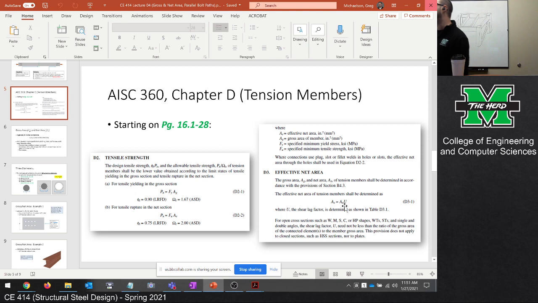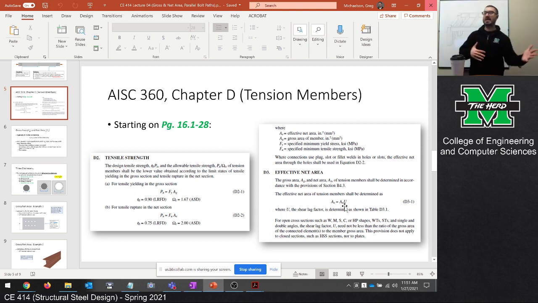And increasing the length of the connection means you have to increase the amount of plate used to connect the member. So for that one, it's a trade-off, because yeah, you might result in a smaller tension member, but it might result in a bigger connecting element. So it just depends on the scenario.